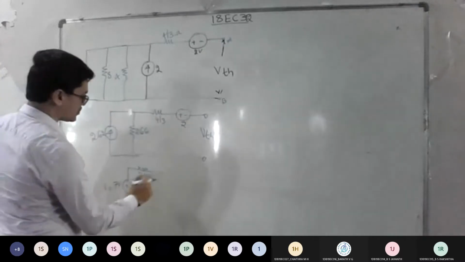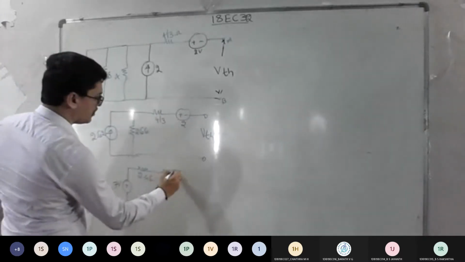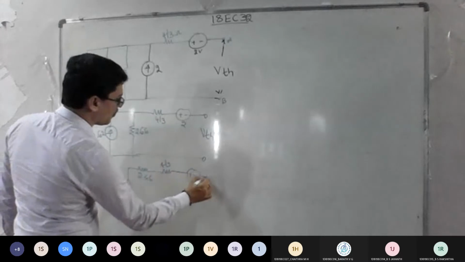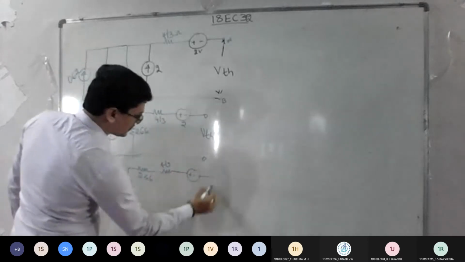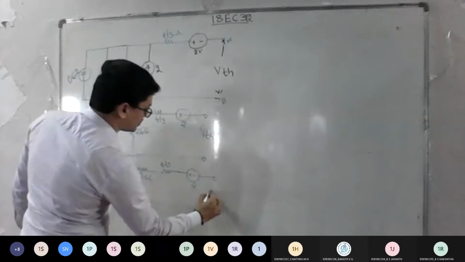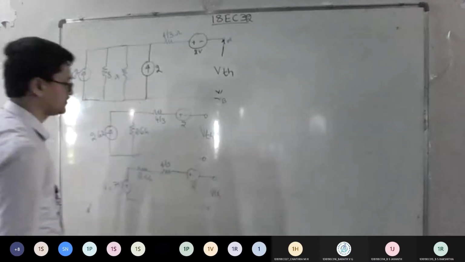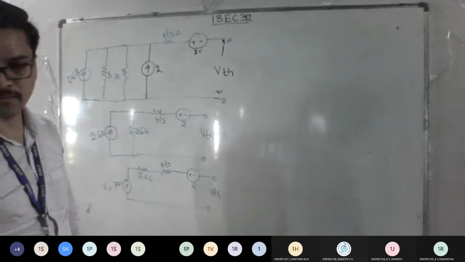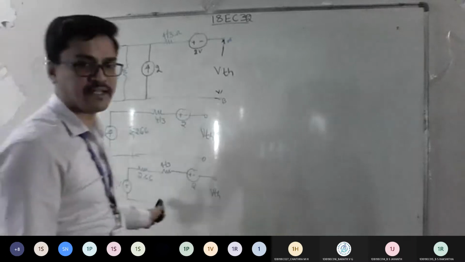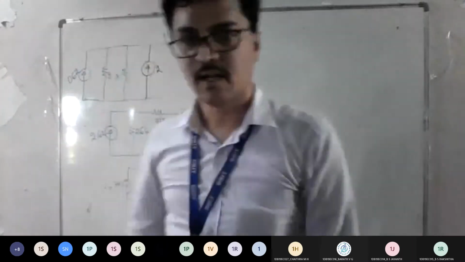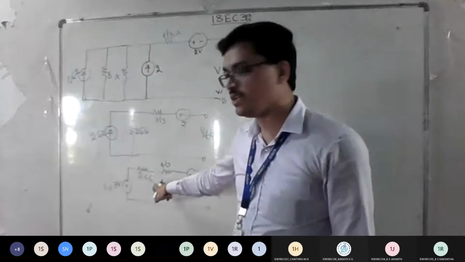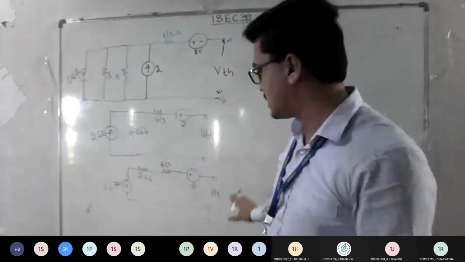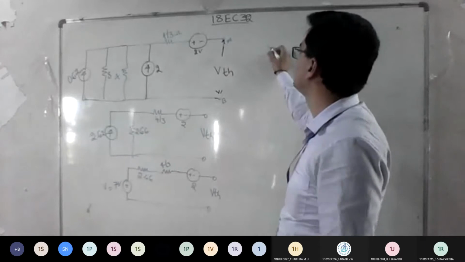Now this 2.66 and 4 by 3 become series, and again one more voltage is there here. Check out the series combination. Even if you keep that as it is, it is not a problem, because my aim is not to find the value of the resistor. Since I am not applying any mesh analysis, straight away I can write the VTH answer.